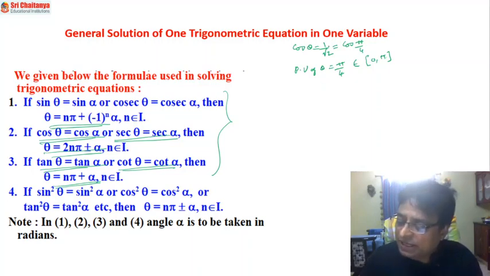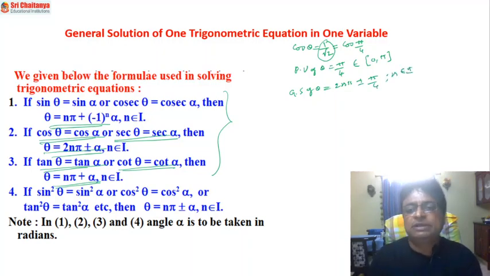And here my k is 1 by root 2, which lies in the closed interval -1 to 1. Therefore, what is my general solution? GS of theta is 2n pi plus or minus pi by 4, where n is any integer. If n is equal to 0, theta is equal to plus or minus pi by 4.